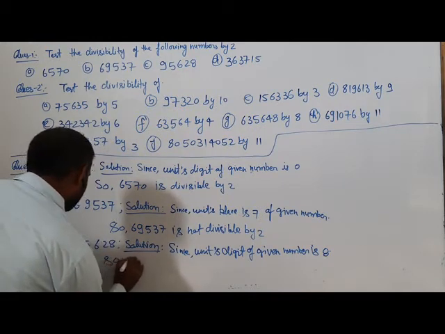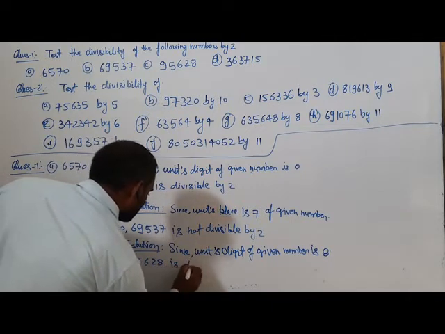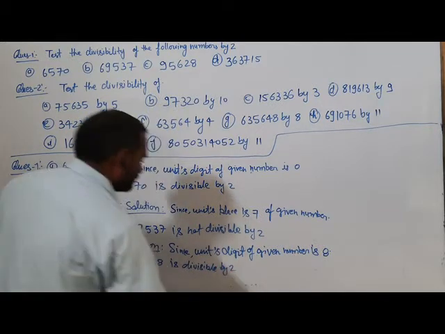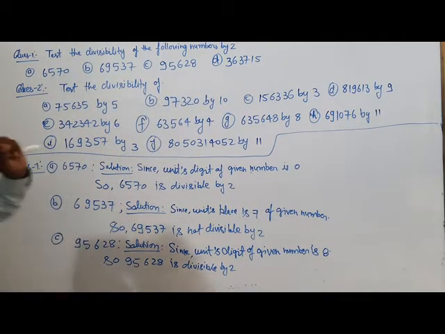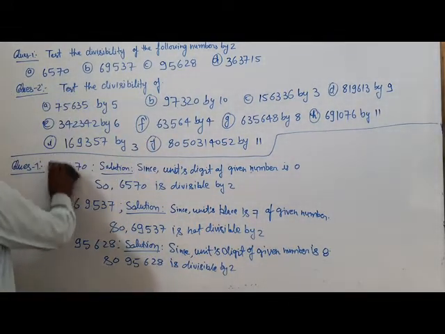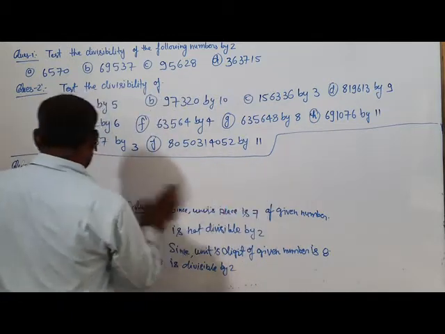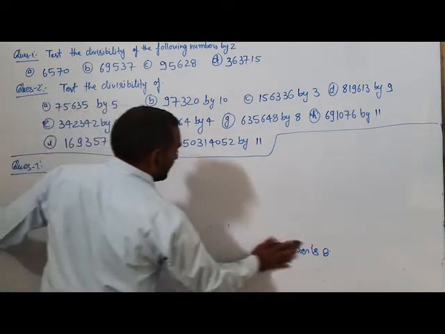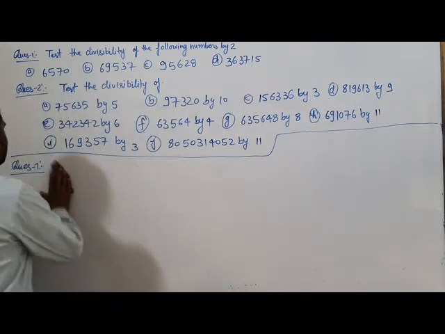So 95,628 is divisible by 2. So all of you can get the divisibility by 2 if we see the unit digit of any number is 0, 2, 4, 6, 8, then that number will be divisible by 2.